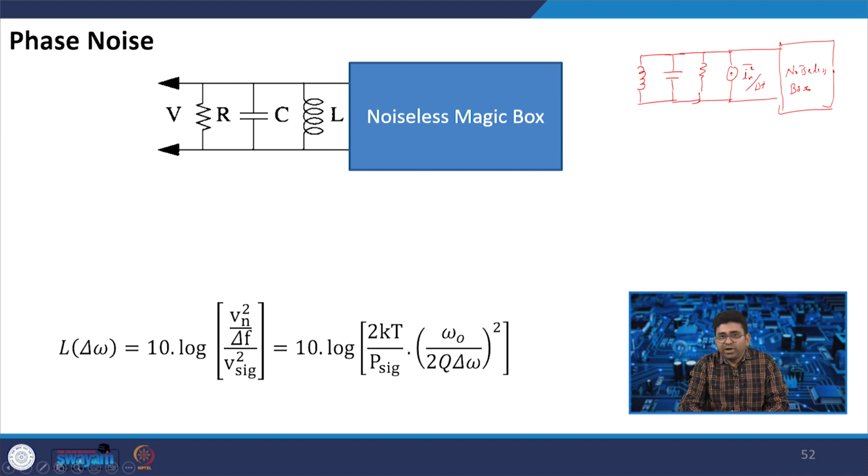Now, we will try to find out the noise. This is given by Leeson, the scientist who derived this model of phase noise.